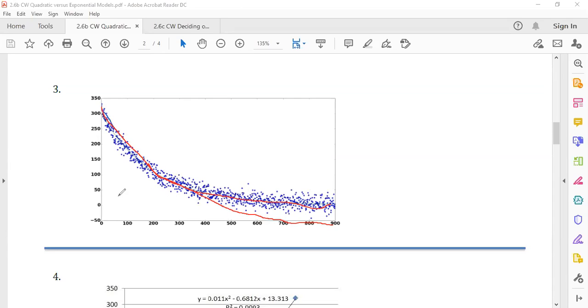Okay, so if you'll notice, an exponential kind of starts really high, and then as it gets low, it has that moment where it turns and then starts flattening out. Whereas a parabola will get smaller and smaller and smaller, but it'll keep getting smaller and then flat out for a small second and then start turning back up.